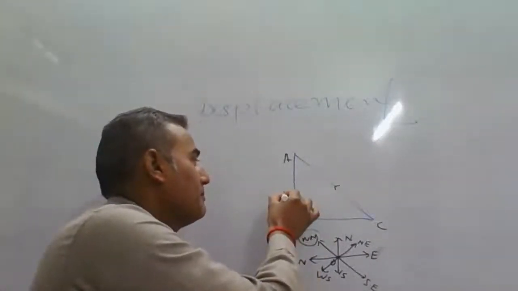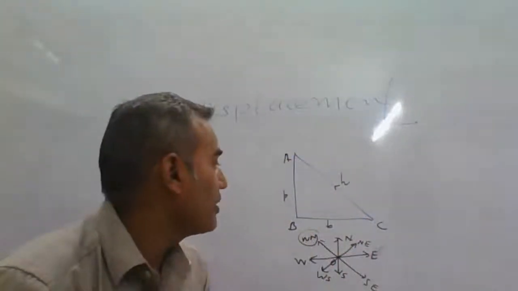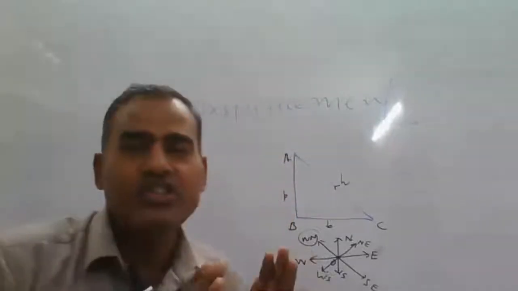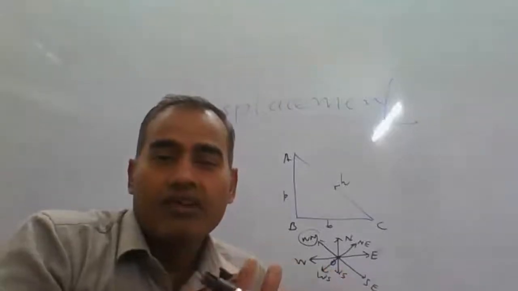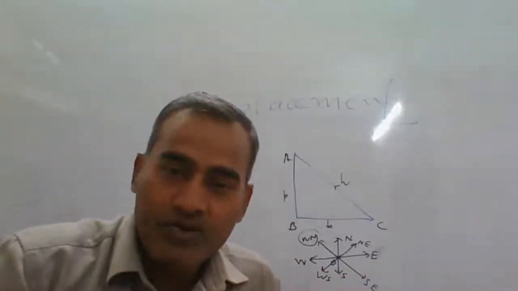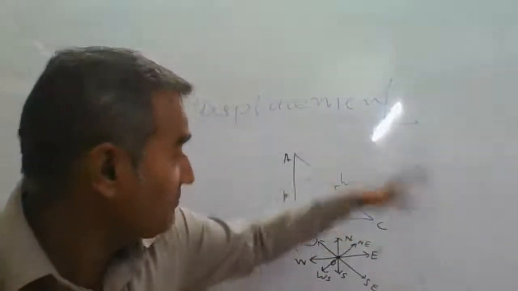According to the Pythagoras theorem, with perpendicular, base and hypotenuse, h square equals p square plus b square. So this is the minimum distance between two points. Displacement has some properties. It can be negative, positive, or zero.